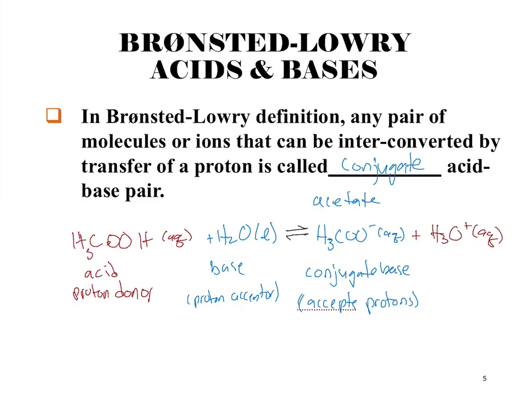If it's a proton donor, that's defined as an acid. So that becomes the conjugate acid of water. So this would be the conjugate acid, because it's a proton donor when the reaction is going in the opposite direction.